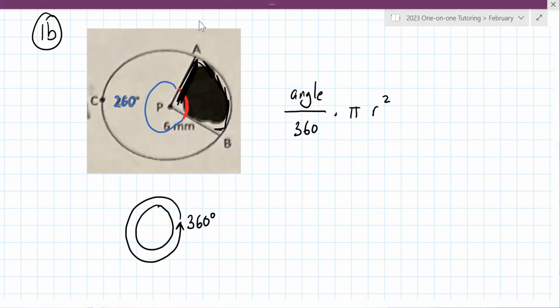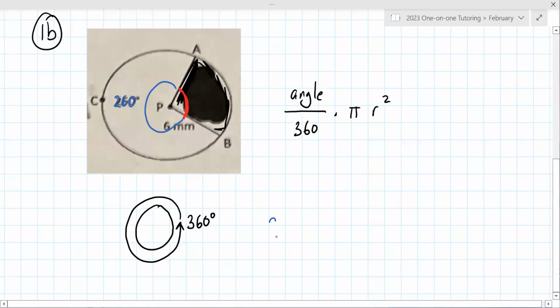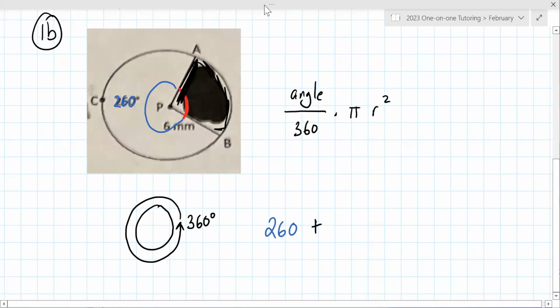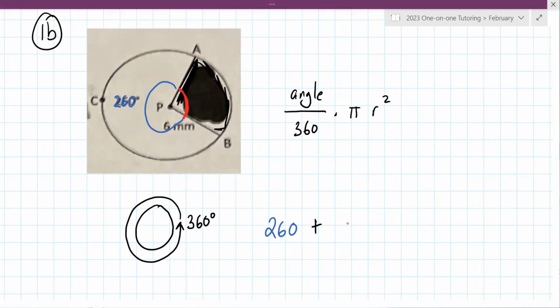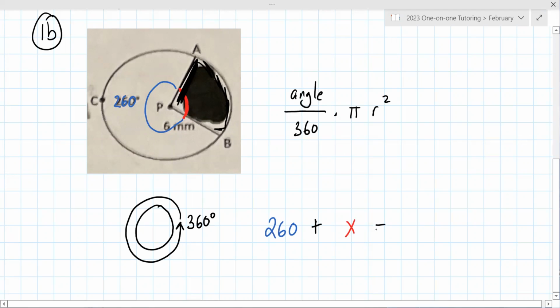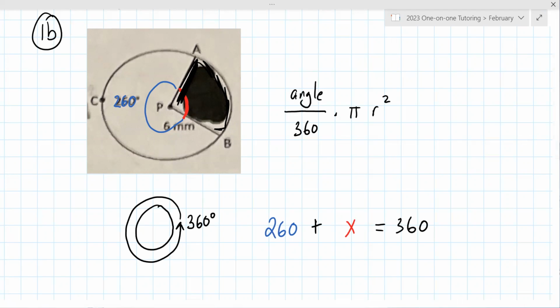So the blue, you have 260 plus the red, which I'm going to call X, equals 360.